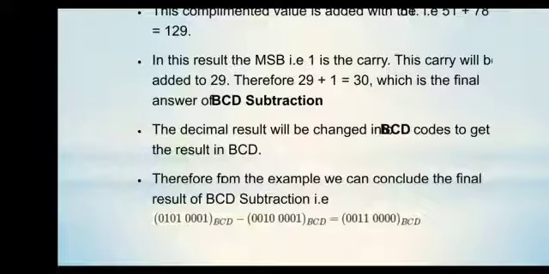We get the answer 0011 and 0000, which means 3 and 0. Here in decimal form, 51 minus 21 is 30.